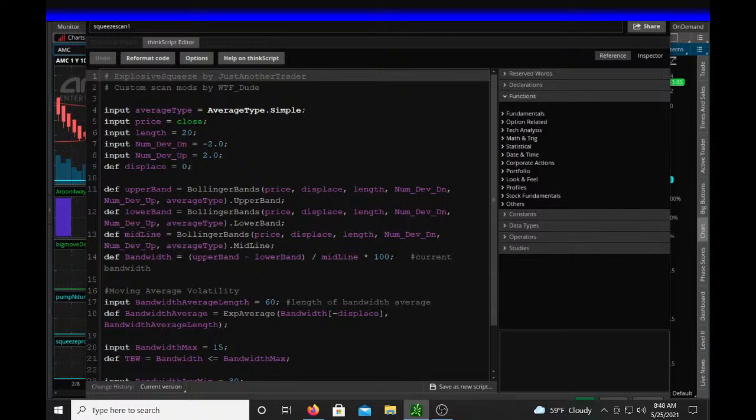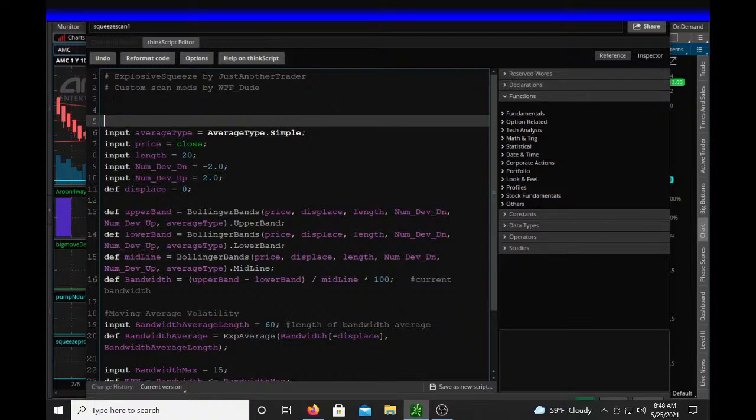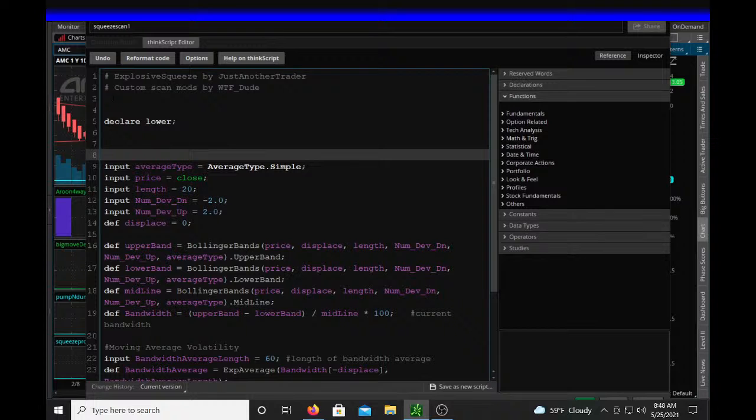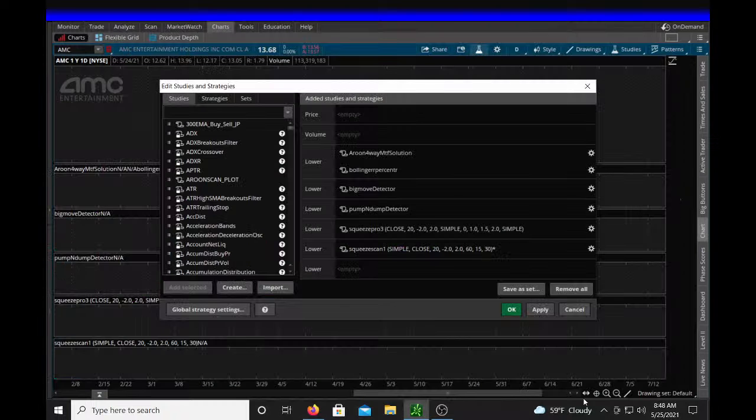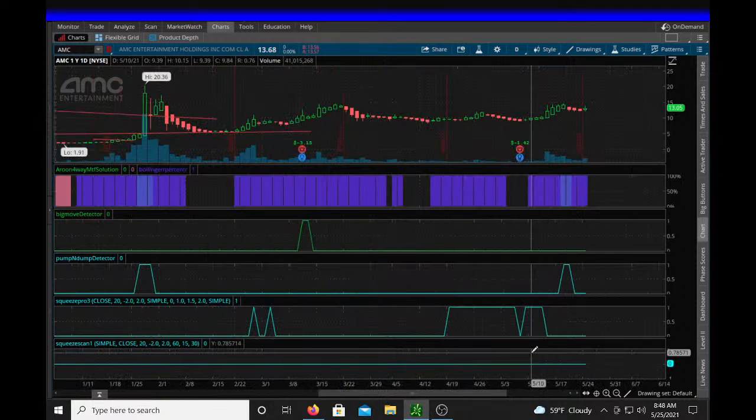All right. So I think that we may want to declare this lower. That might help. Plot explosive squeeze. All right. Let's see how this turns out. All right.